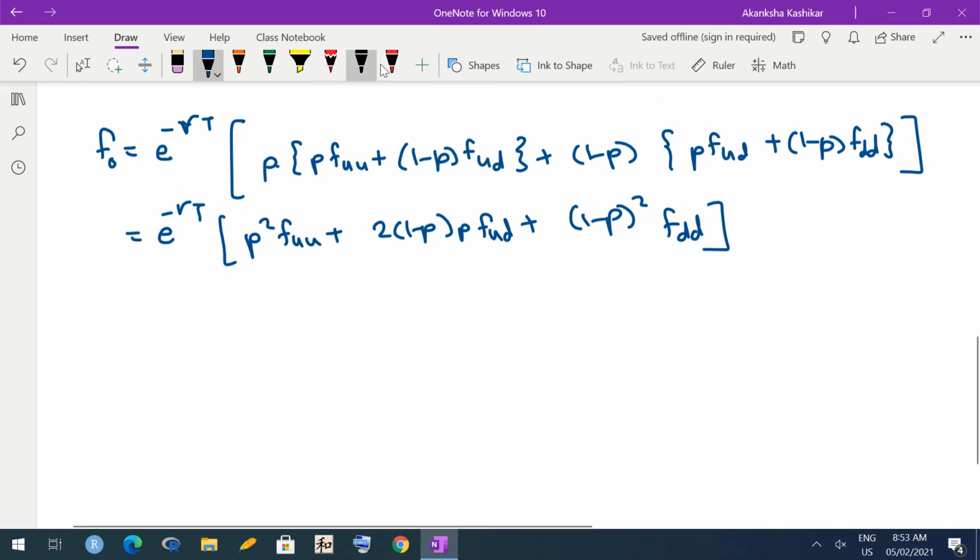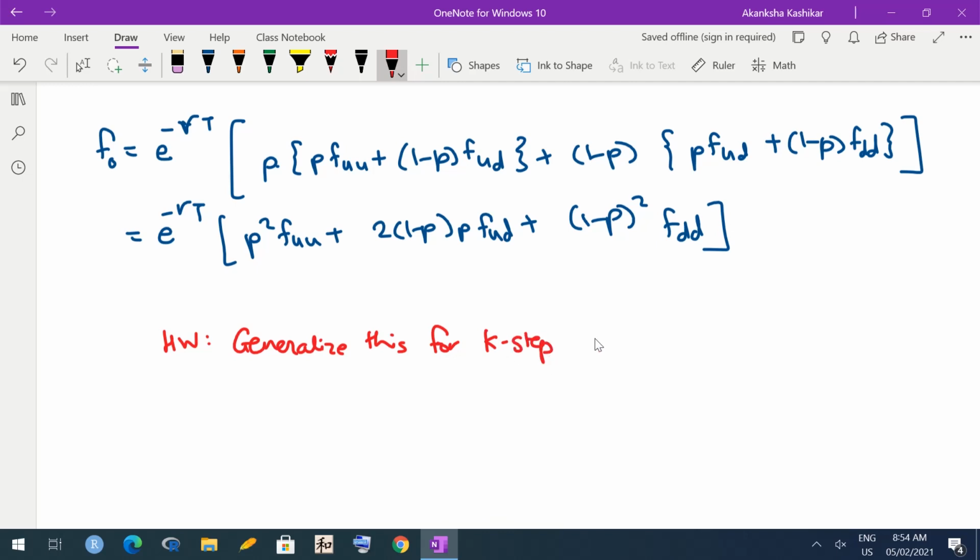Okay. So what is the homework? Let me write down. Homework is to generalize this for, instead of two-step, a k-step binomial tree model where k is larger than 2.